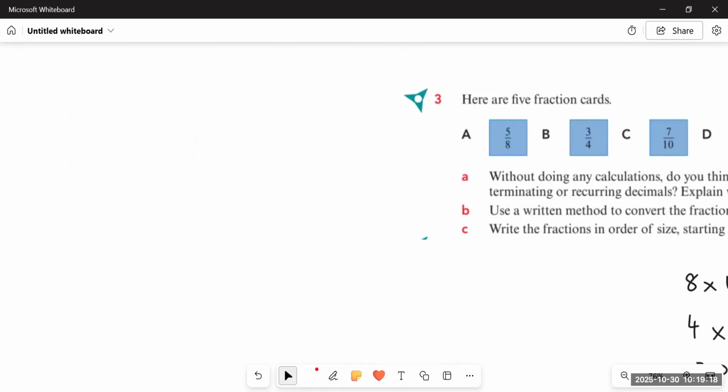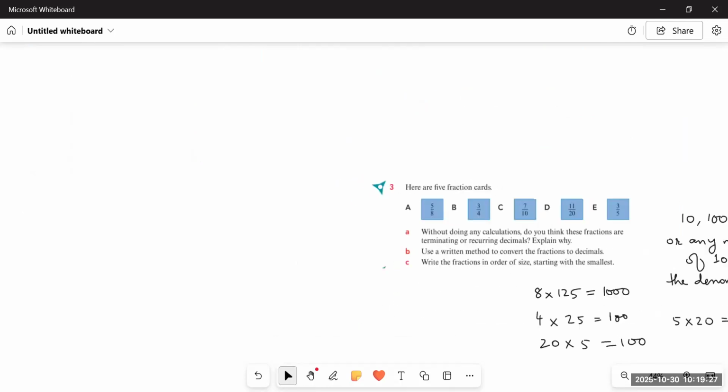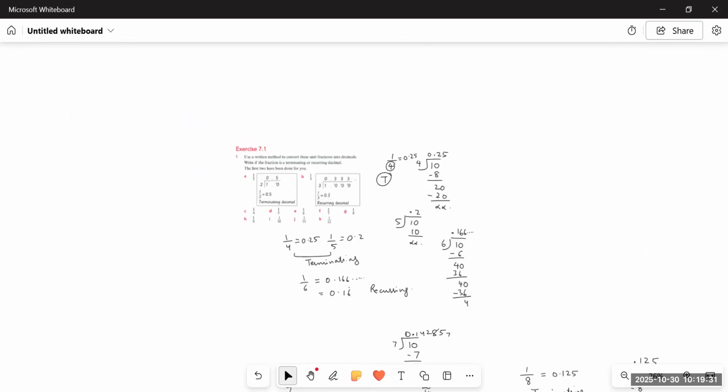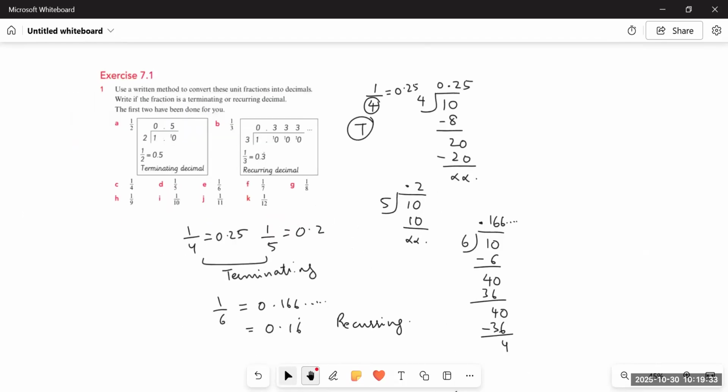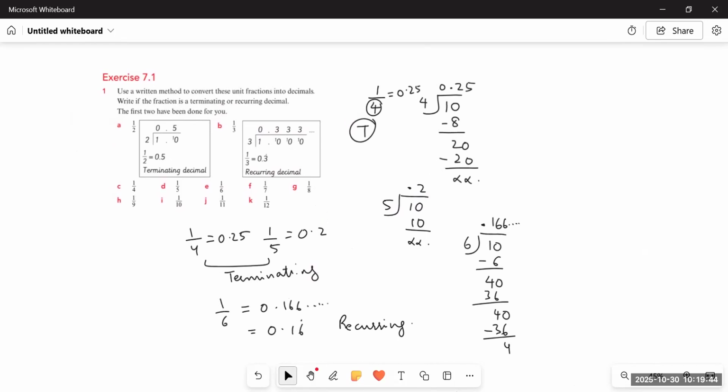If we talk about 5 over 8, and also from the previous question, you can conclude that all the numbers here that have 4 or 5 or 8 or 10, since they are factors of 10, 100 or 1000, have terminating decimals.